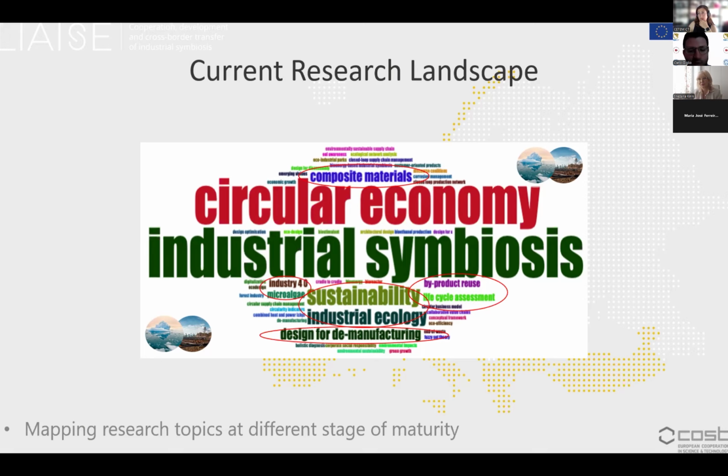And another one is related to manufacturing or composite materials. So we have potentially five to six different branches of research that are specializing the research landscape globally on industrial symbiosis in product design, with different stages of maturity, as you can see from this world map.